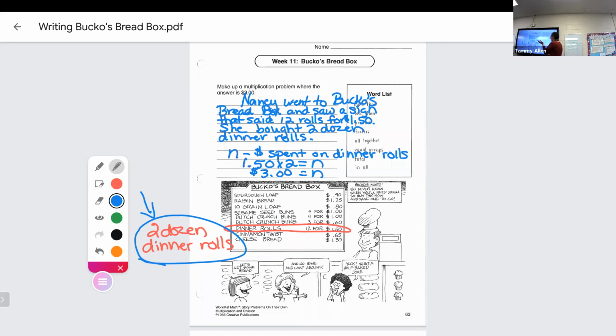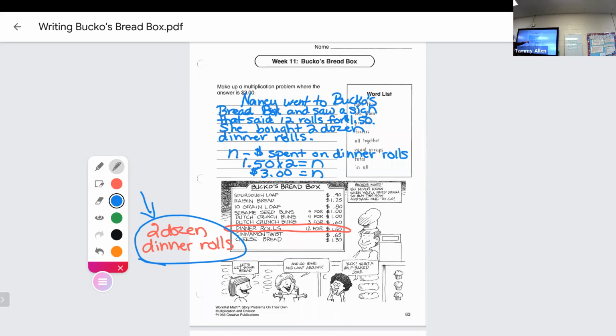Will that question match what we wrote about here? Is that a logical question to ask after we wrote that story? Okay, let's read our story. Nancy went to Buffalo's Bread Box and saw a sign that said 12 rolls for $1.50. She bought 2 dozen dinner rolls. Is it logical now to ask the question, how much money did she spend on dinner rolls? Yes.